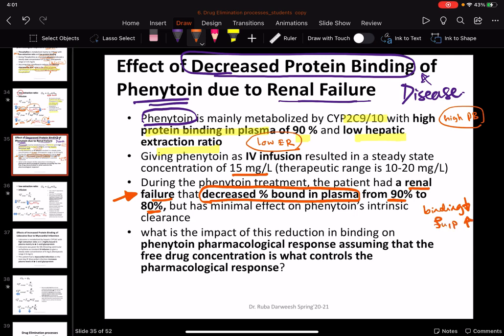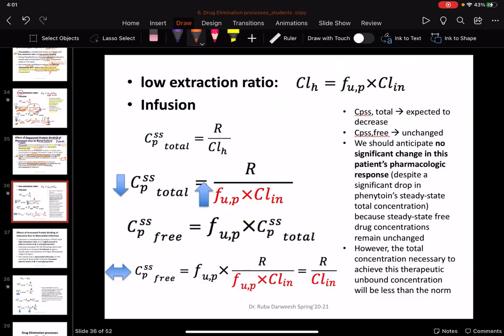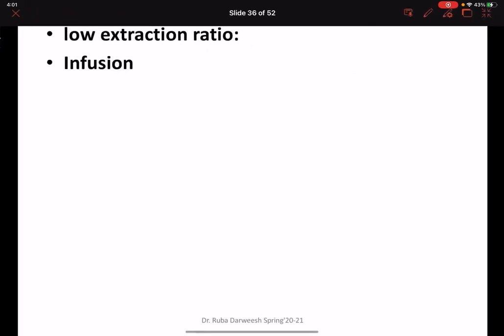What is the impact on the phenytoin pharmacological response, assuming that the free drug concentration controls the pharmacological response?